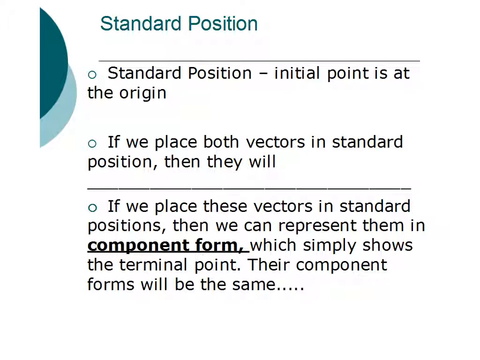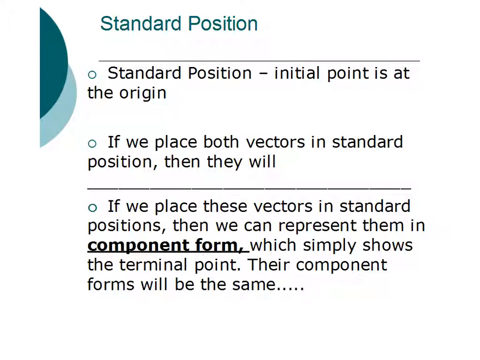We actually have a nice way to tweak those vectors to show that more easily, and that is to put them in standard position. Standard position means that you're going to take their initial point, wherever it is, and you put it at the origin.